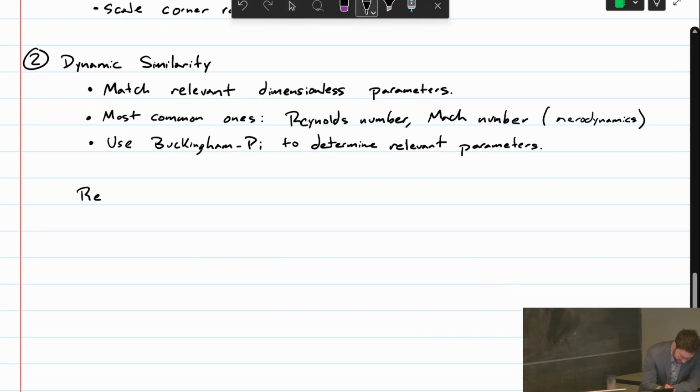So the Reynolds number, I would say, is the most important non-dimensional number in fluid mechanics. It tells us about the following ratio: inertial forces over viscous forces.